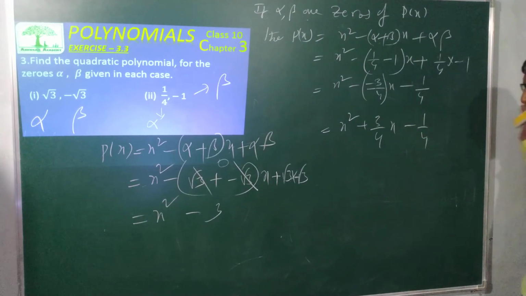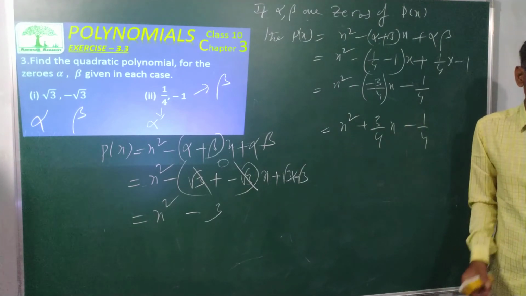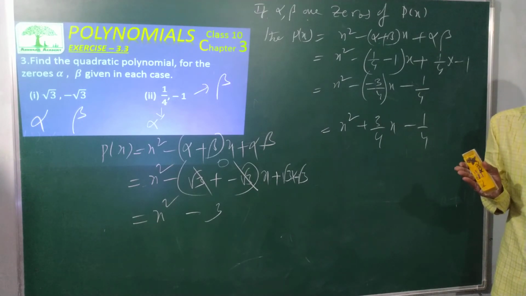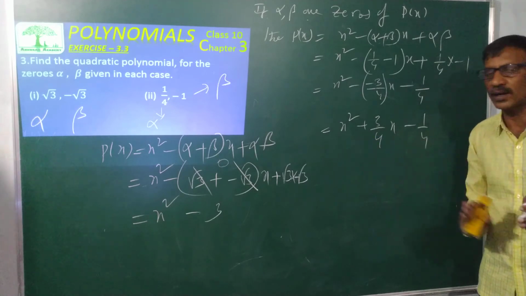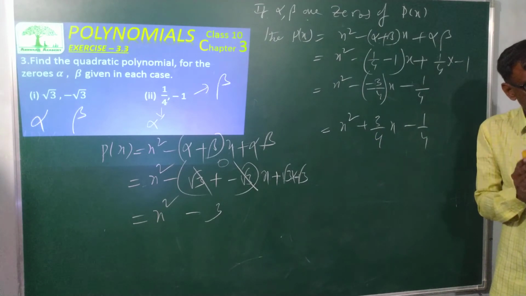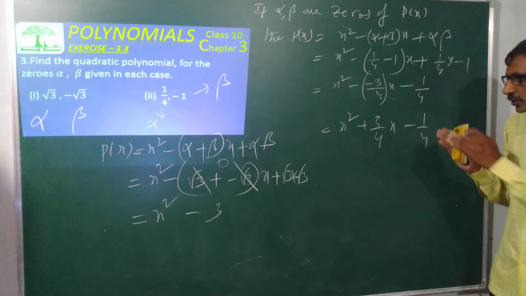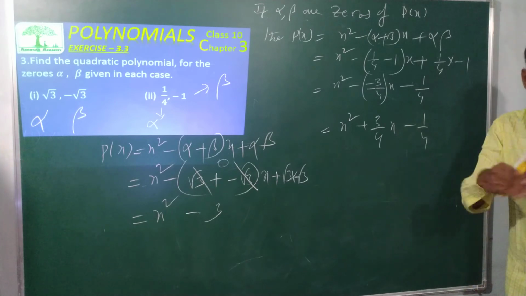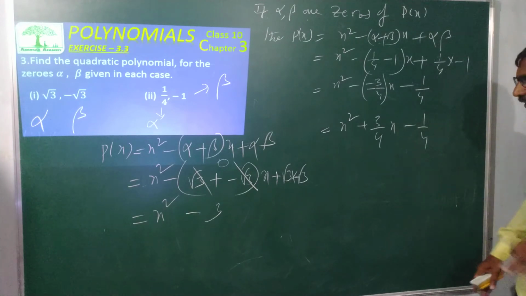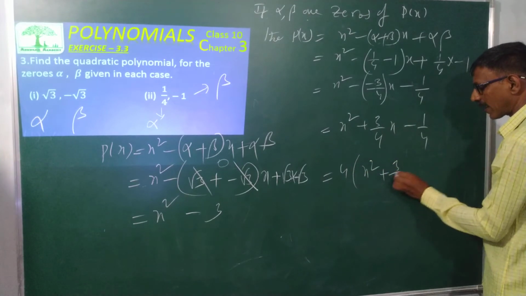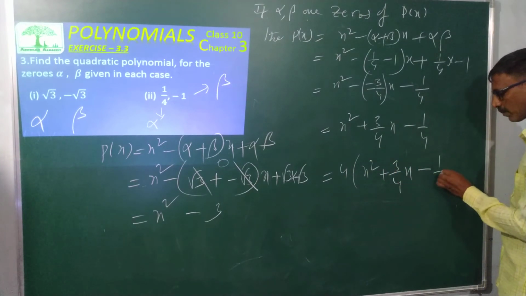Now see this one, I would like to multiply it by 4 to get the ax square plus bx plus c format, that's all. Even you leave this one alone like this, it is a quadratic polynomial, no doubt at all, its zeros never be changed. Even you multiply with 4, we get the same result. So, okay, I would like to multiply x square plus 3 by 4 x minus 1 by 4 with 4.